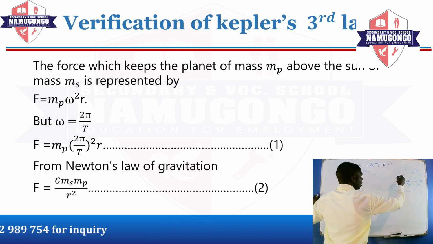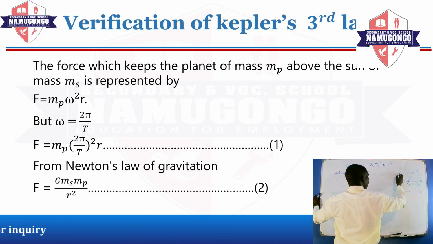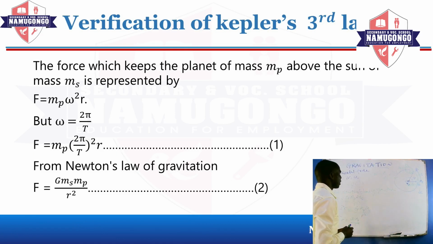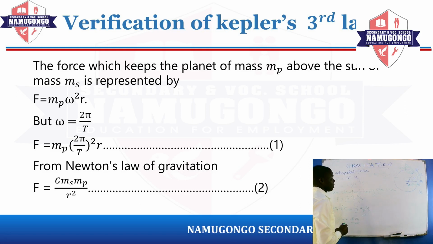This angle is 360 degrees if we consider the planet moving around, and the total time taken is the period, which we call capital T. 360 degrees in radians is 2 pi.